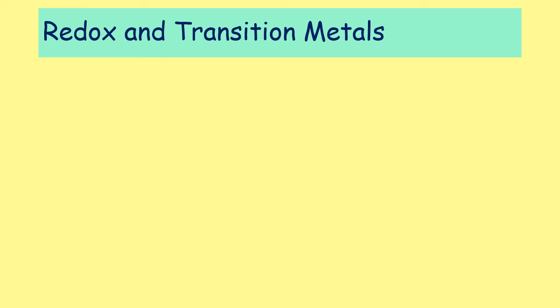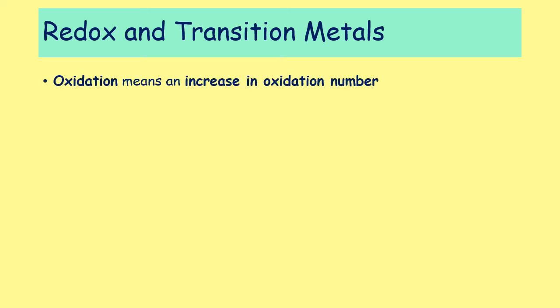Now, whenever we're talking about transition metals changing oxidation state, what we're talking about are redox reactions. Whenever we talk about oxidation in relation to transition metals, what we're looking for is an increase in oxidation number.